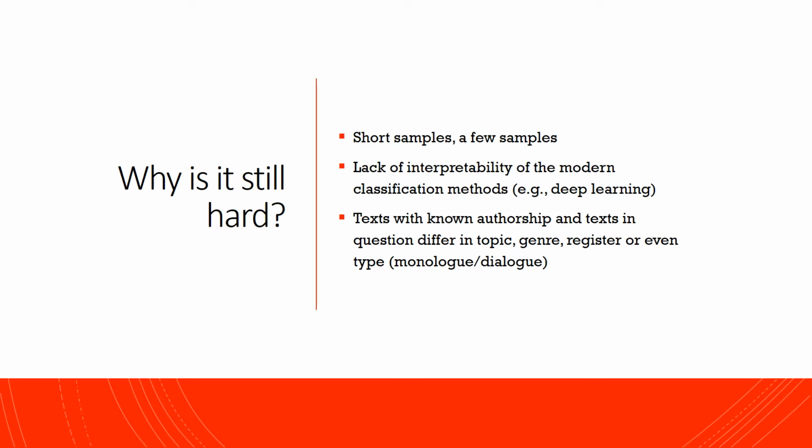The complexity of the task increases when training documents and documents in question differ in topic and/or genre, albeit this scenario is not uncommon in forensic settings, where a small size of training corpus is typical.